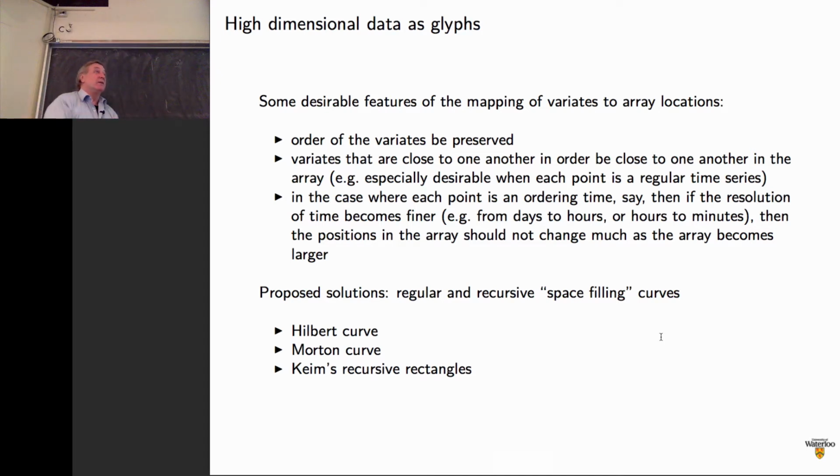Every point on the plane is covered, but it's still a curve. You can tell how far along you are. If you can do that, it's a curve that's filled the space. It's a so-called space-filling curve. And there are a couple of these that are well known. Certainly the Hilbert-Peano curve is a very famous one that is easy to describe.